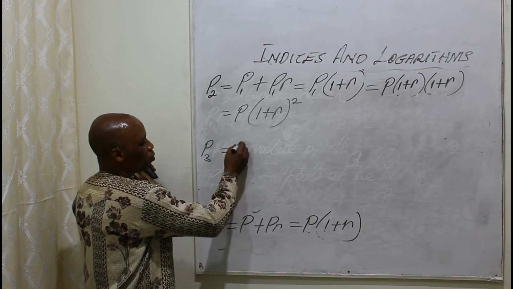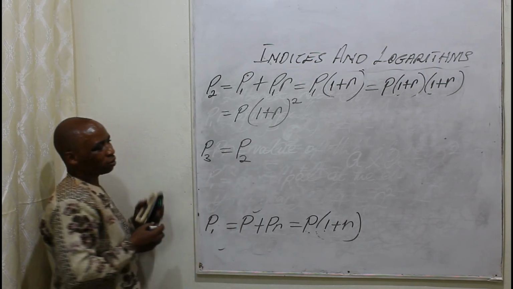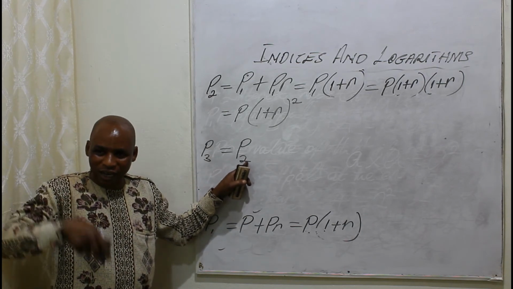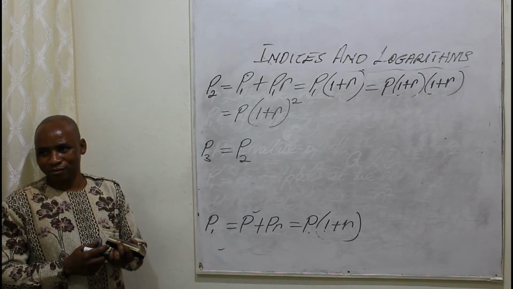So it will be P2 because it's what we earned at the end of the 2nd year that we reinvested in the 3rd year.